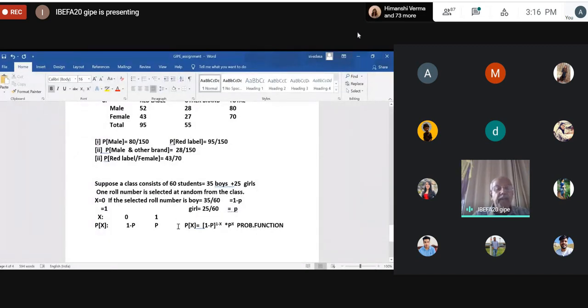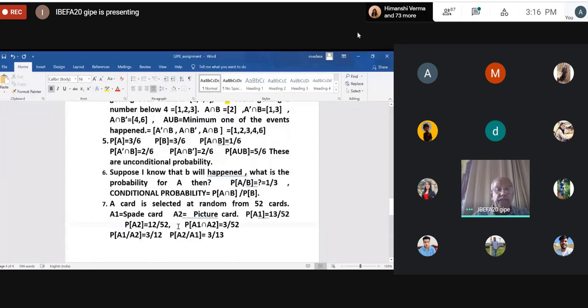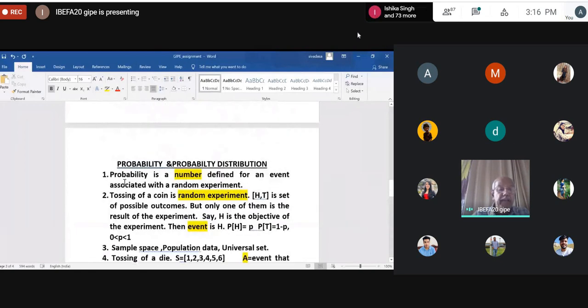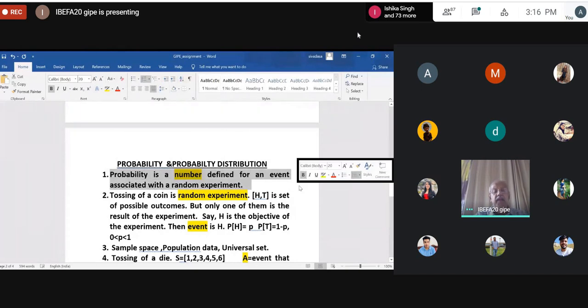Okay, so I am repeating now. Probability is a number defined for an event associated with a random experiment. What is a random experiment?